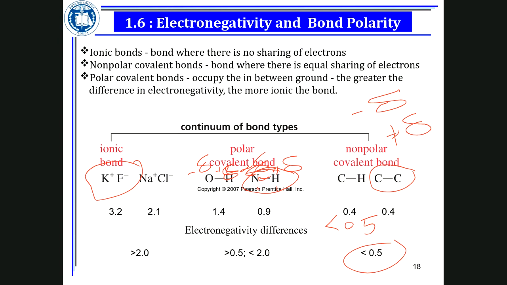If the difference is between 0.5 and 2, it's going to be polar covalent. And if it's greater than 2, it's going to be ionic. But for organic chemistry, the general trend works. So just know that the bond between carbon and hydrogen is non-polar.